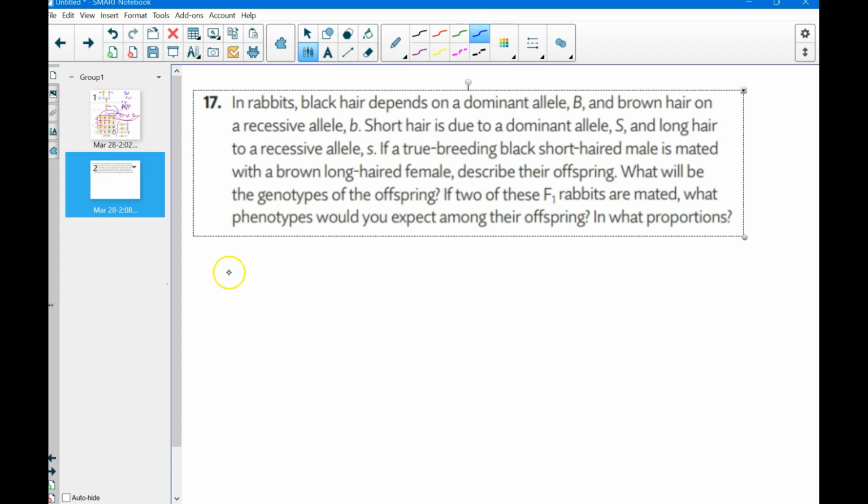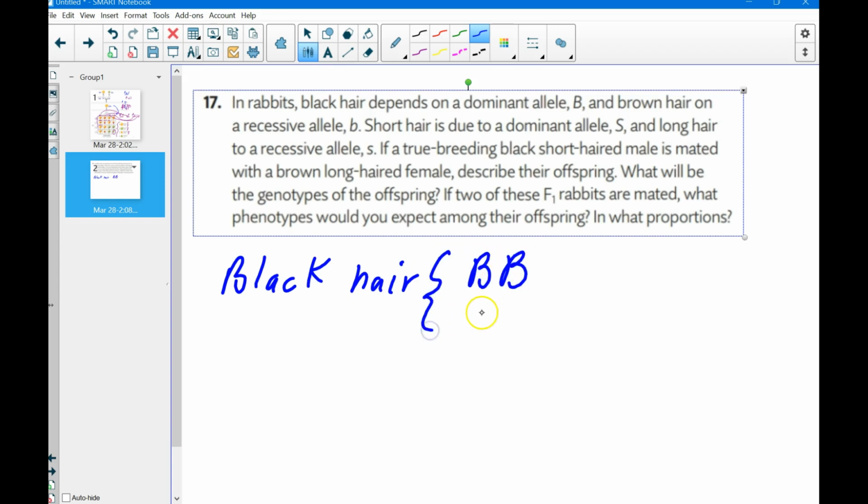That means we have black hair. We have two possible combinations, or two possible genotypes, and that would be capital B, capital B, and capital B, small b, because we need one of those capital B's for dominance. Of course, if we have brown hair, the only way we can get that one is if we have two recessive genes, small b, small b.